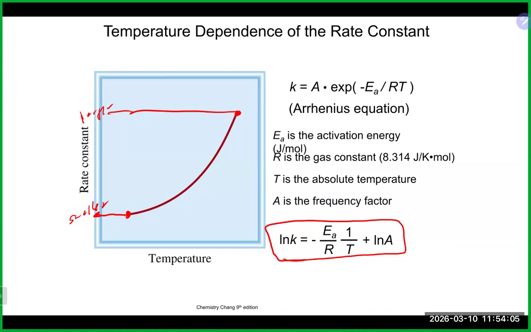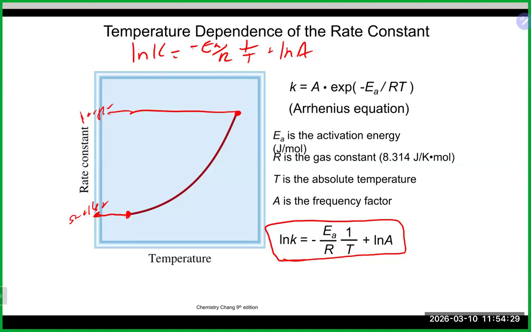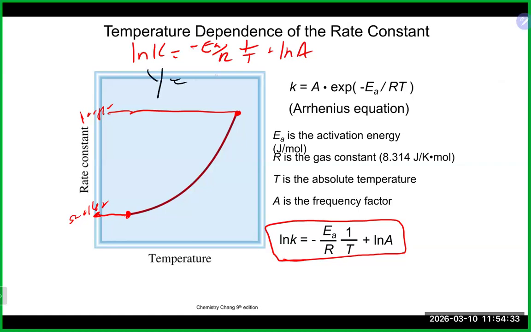Now, I will say that this version of the Arrhenius equation is the graphical version of it, if you will. And that's because the natural log of k is equal to minus E_A over R, times 1 over T, plus the natural log of A. This is written in the form of everybody's favorite thing, which is a straight line, y is equal to mx plus b.